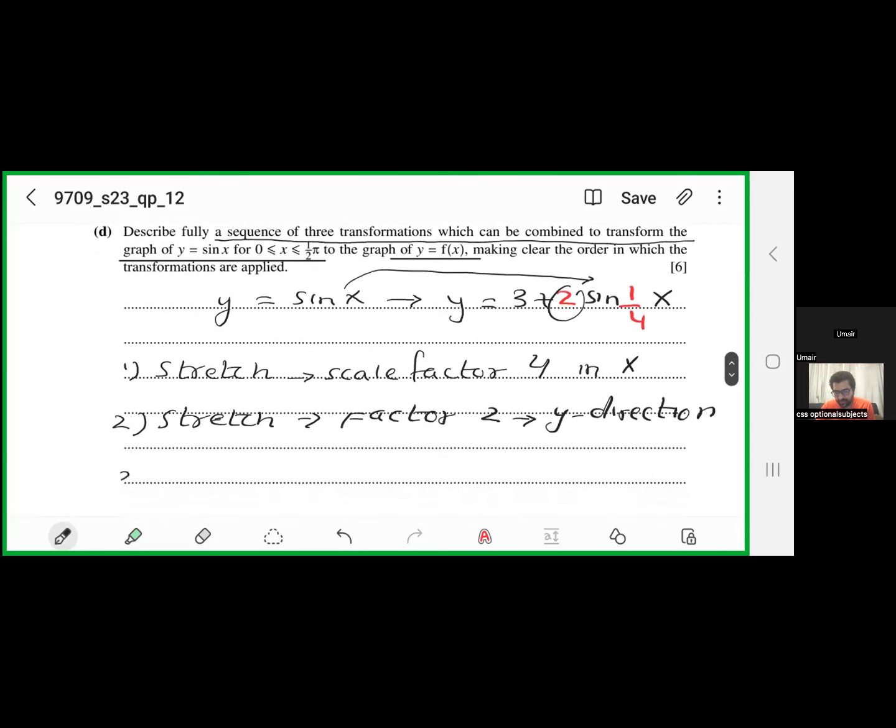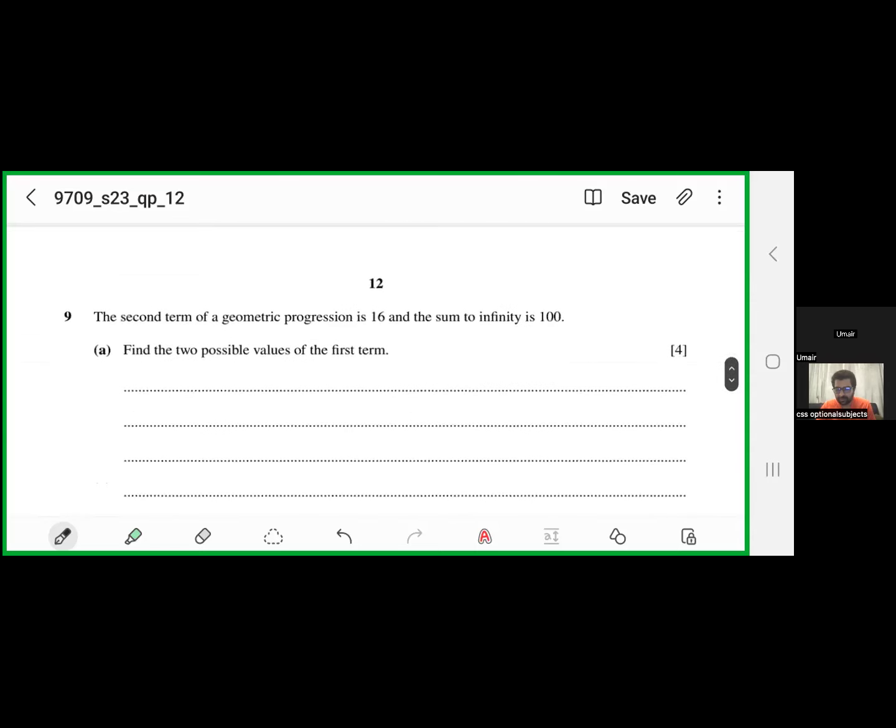And the last transformation is a translation, because 3 is being added in here. So you have to go through a translation, and the translation vector will be (0, 3). So these three transformations will take place if you have to transform this into this. This is the solution for this question.